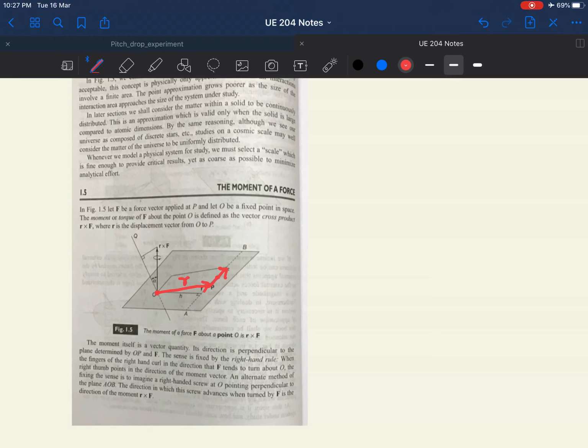So this is r, which is a vector, and then the moment here is defined as r cross f, where r is a vector and f is also a vector. So here this is f, right? So the magnitude of r cross f is obviously r f sine theta, where theta is this angle right here, right?